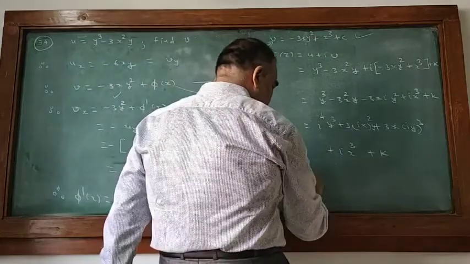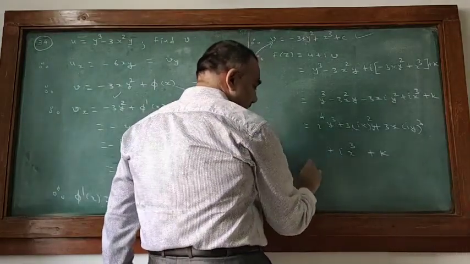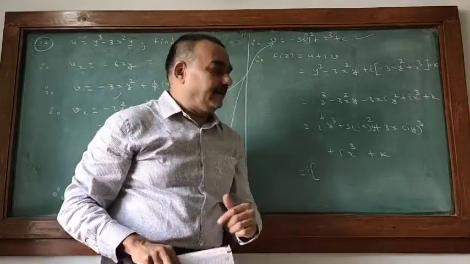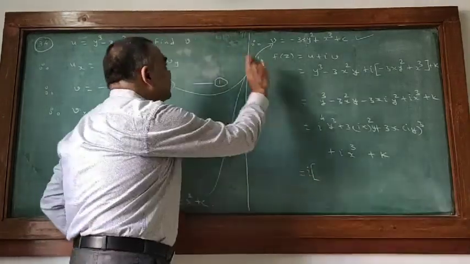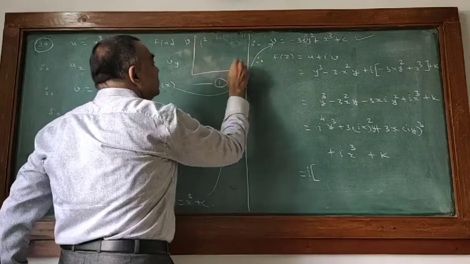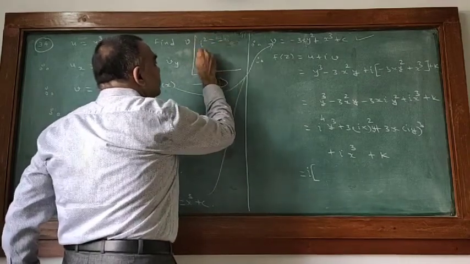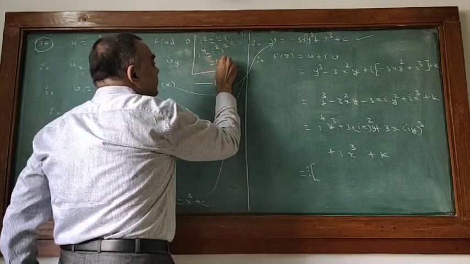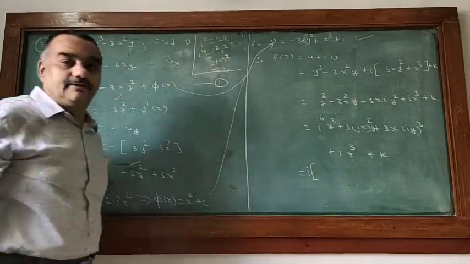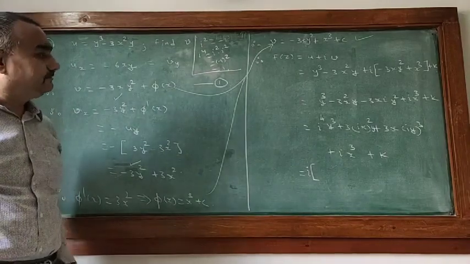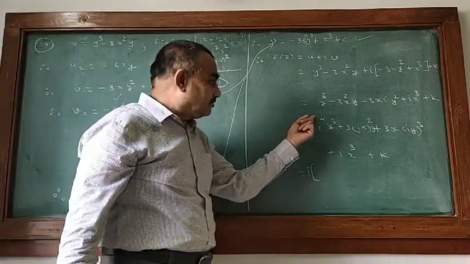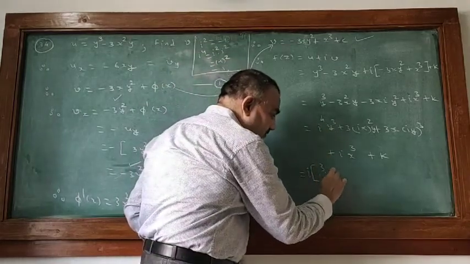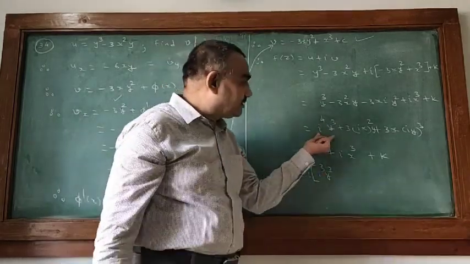Then I took i in common. How is it? I explain to you. I square is minus 1. I raised to 4 is i square into i square, so minus 1 squared, and therefore it is 1. So if I take i in common, it is i cube y cube, this term.